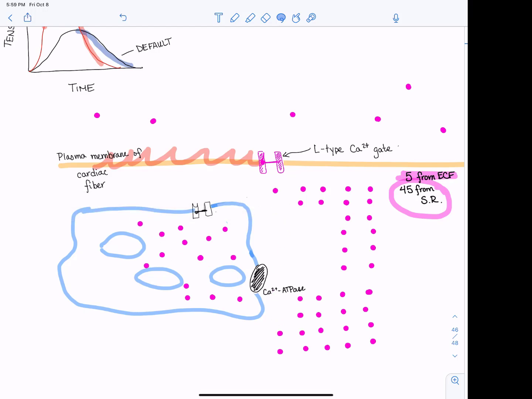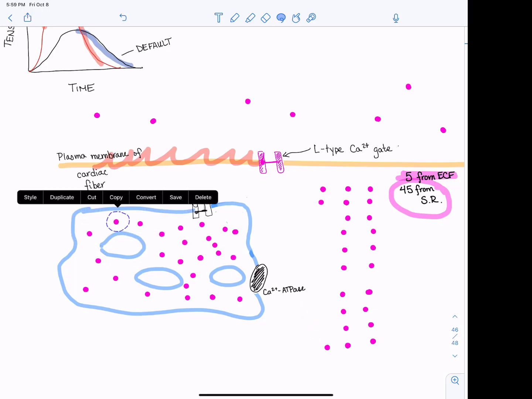And how does this happen? It happens because calcium ATPase works at a particular speed that tends to grab about 90% of the calcium that is in the cytosol, and the rest gets grabbed by that sodium-calcium antiport or cotransporter.